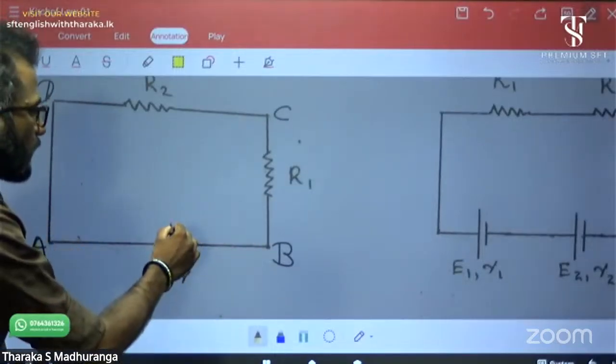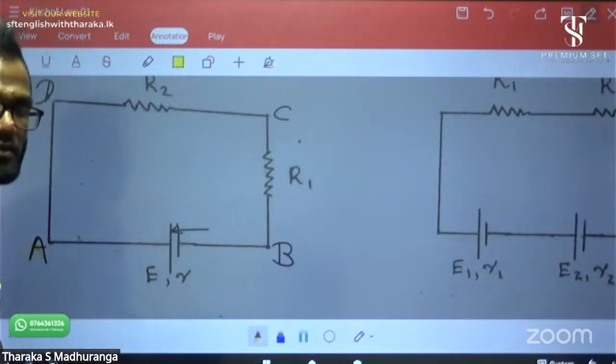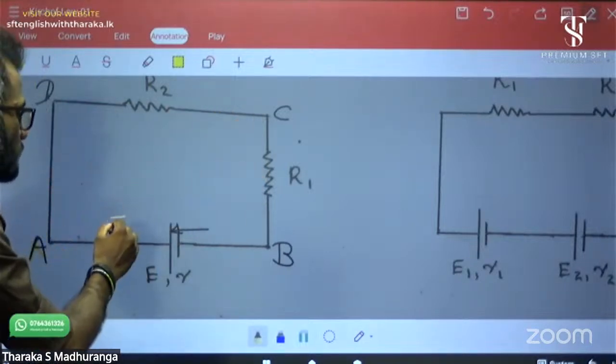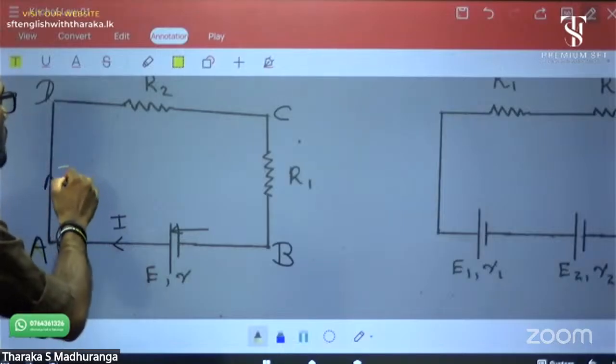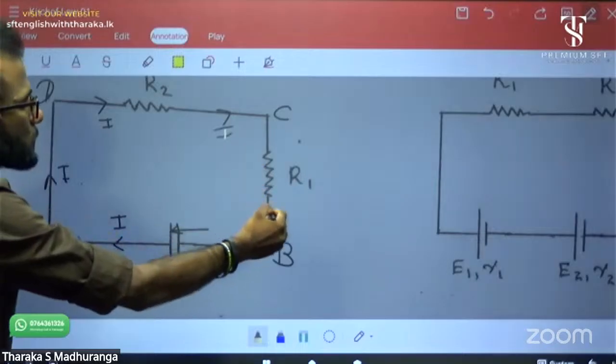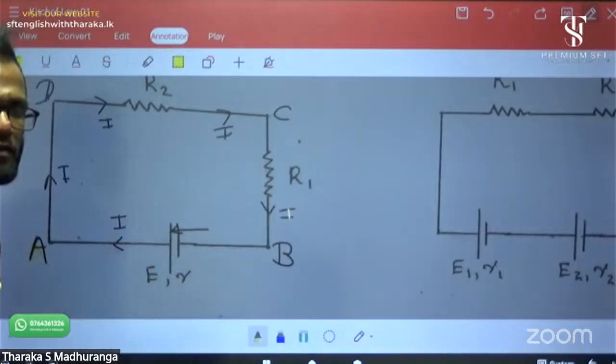It has only one cell, one battery. Current always flows from positive to negative. This is the current direction.